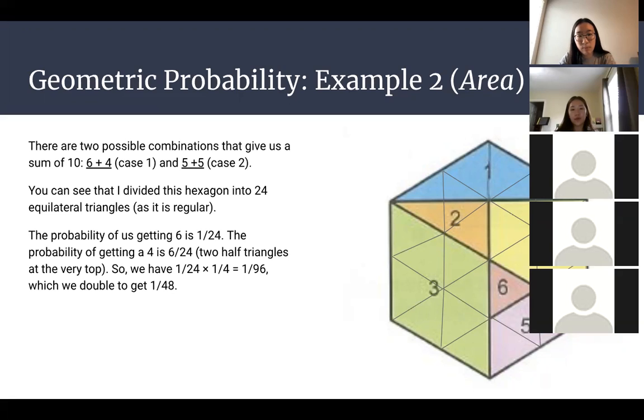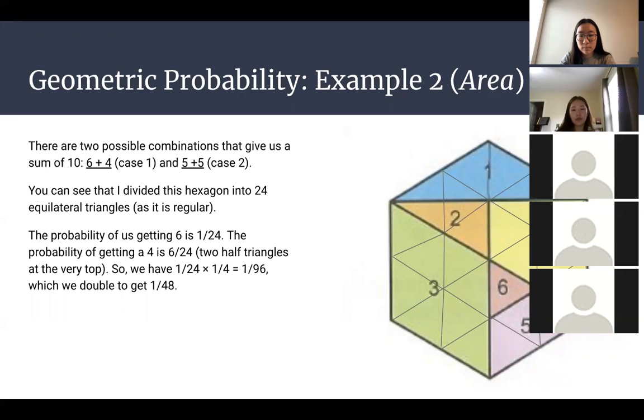And for 4, it's 6/24 or 1/4, because you can count 5 full triangles and then half of one and half of another one at the top, which add up to 1. Yolanda's showing us on her screen. And you just multiply both of those probabilities together to get 1/96.